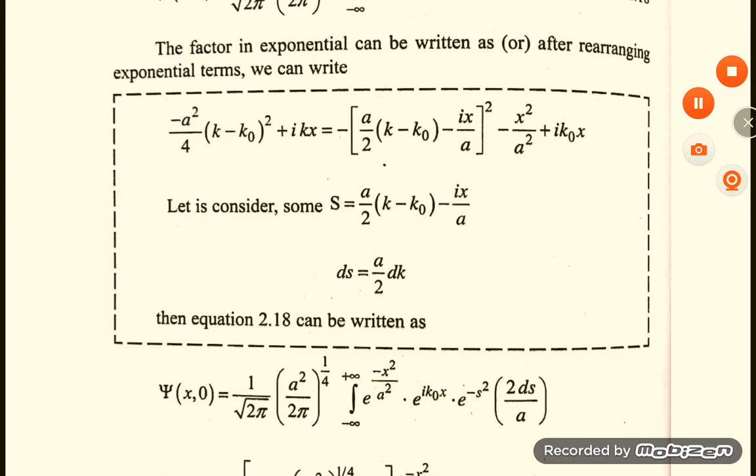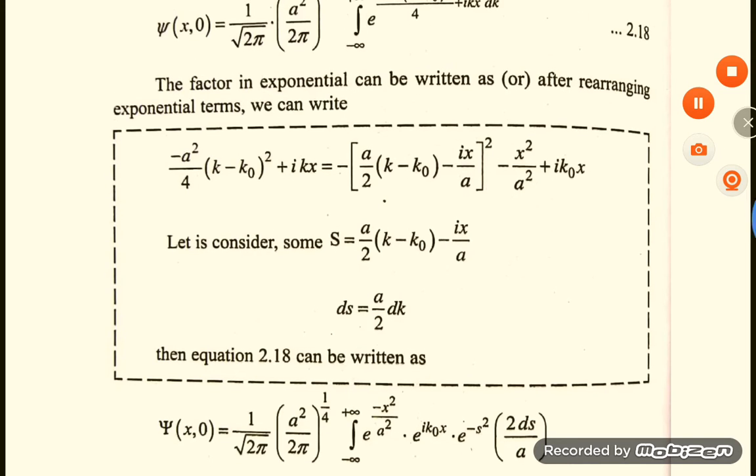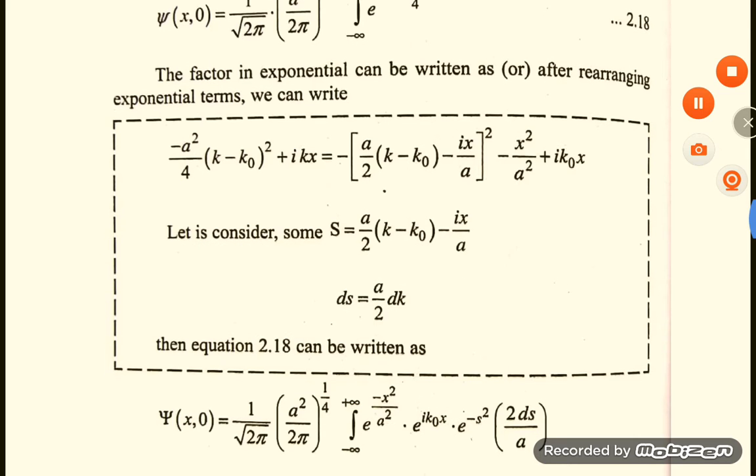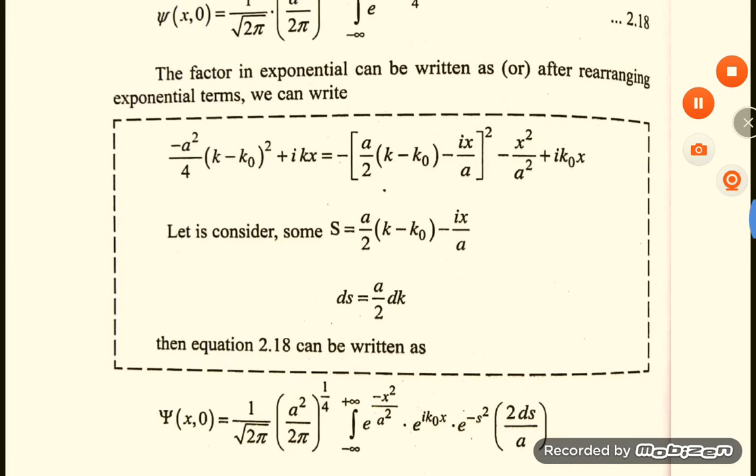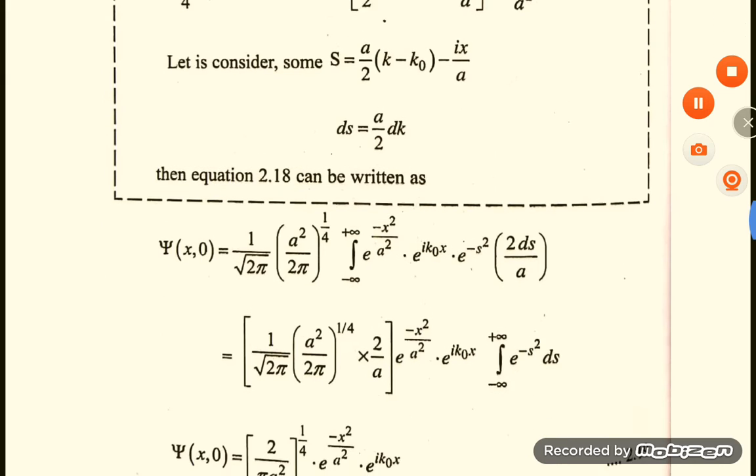So the above equation can be written as psi of x,0 is equal to 1 by root 2 pi (a square by 2 pi) whole power of 1 by 4 integral from minus infinity to plus infinity e power minus x square by a square e power i k naught x e power minus s square, 2 ds by a.